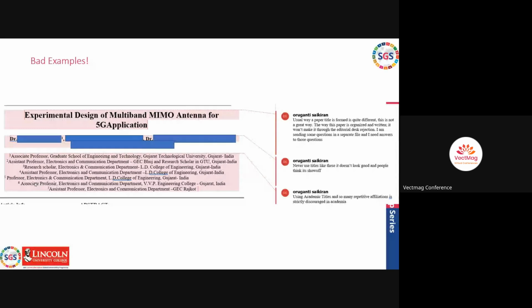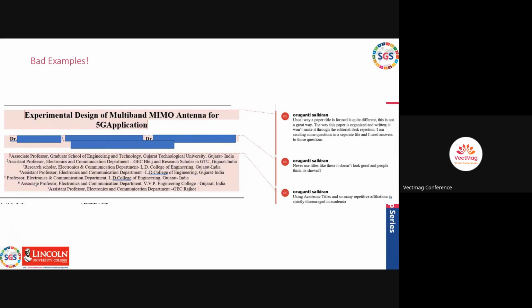Your name is your name. Your name is not Dr. Sai Kiran Sharma. It is Sai Kiran Sharma. That's it. I don't want to mention doctor. It is a strict no-no, and please don't do that. And I've seen consistently, even after telling this repeatedly, people have still ignored what I've said 100 times.